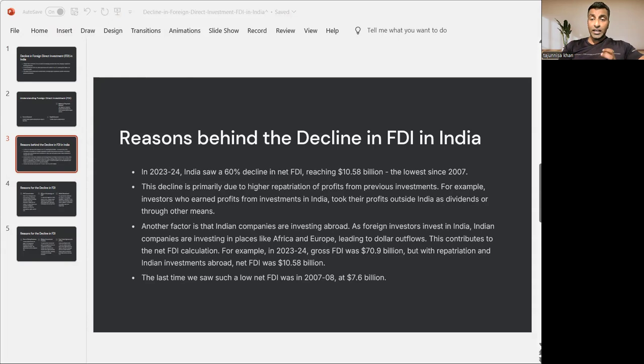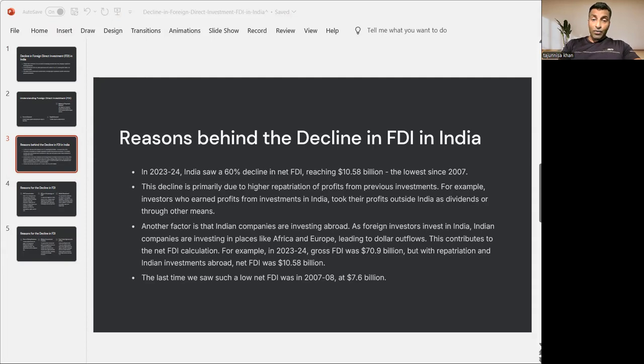Last year, gross FDI stood at around 70.9 billion, but with repatriation and Indian investments abroad, net FDI stood at around $10.5 billion. You can see that FDI was running at a very good level in the last 2 to 3 years with a net inflow of around 44 billion, but it has fallen sharply now. The last time we saw such a low was in 2007-8 with a net FDI of around 7.6 billion.